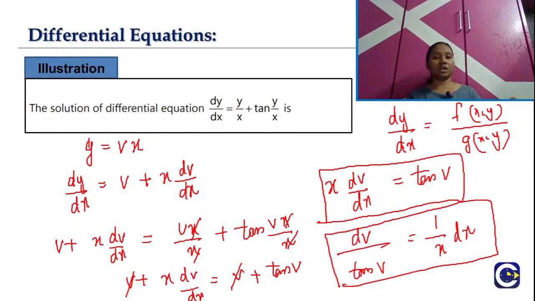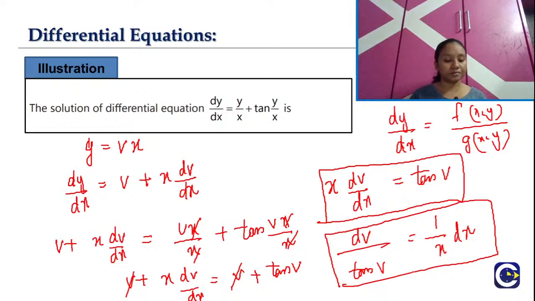As this is the first question, I have shown the steps of how to do the substitution and simplify it further in order to get our integration steps. Further integration, you know how to do that, so I'm leaving it to you. Quickly do the integration and let me know.